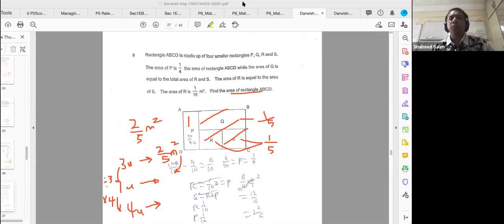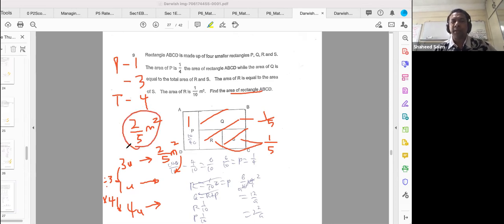Okay. So now we don't use out of 4. Now we say P is 1 unit. QRS is 3 units. Then the total is 4 units. Are we okay now? So down here now, that's how we found out 1/5 plus 1/5 is 2/5 square meters.